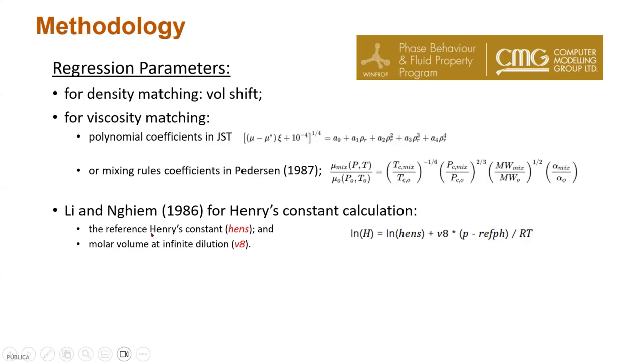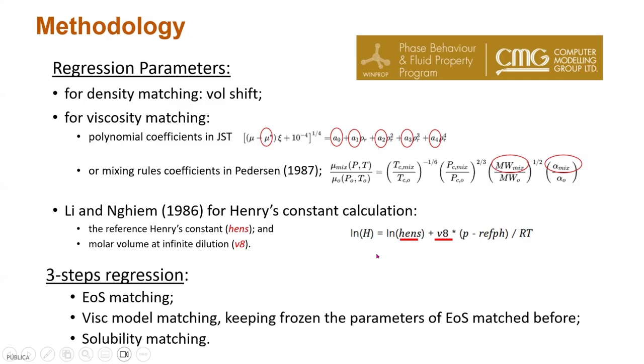One of these parameters is the Henry constant, the popular Henry constant that was formulated to model solubility in pure water, and the other is the molar volume at infinite dilution. We can tune both parameters using the same methodology that you used for the viscosity parameters in the viscosity correlation. And after conducting the three-step regression, we can export the final model.